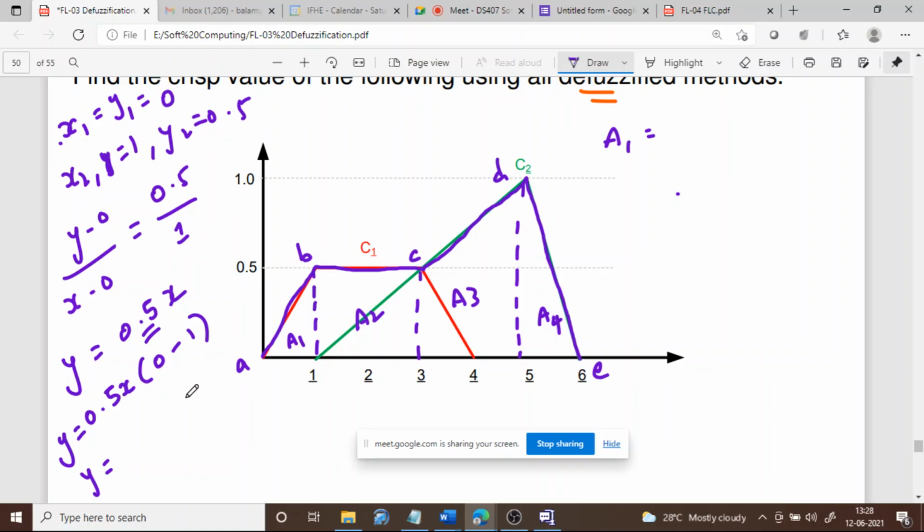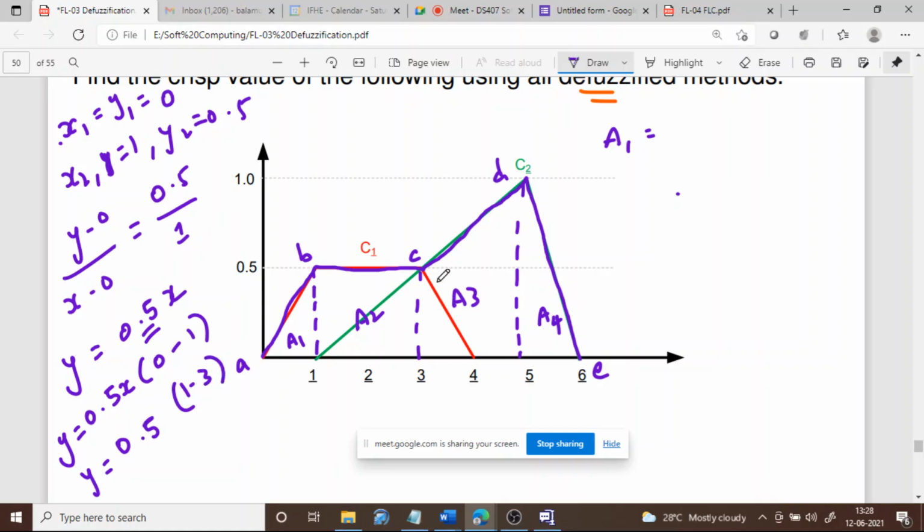The y value is fixed. From the plot itself you can see it is 0.5. Yes, 0.5. This is applicable for which range of x? 1 to 3. Yes, 1 to 3.